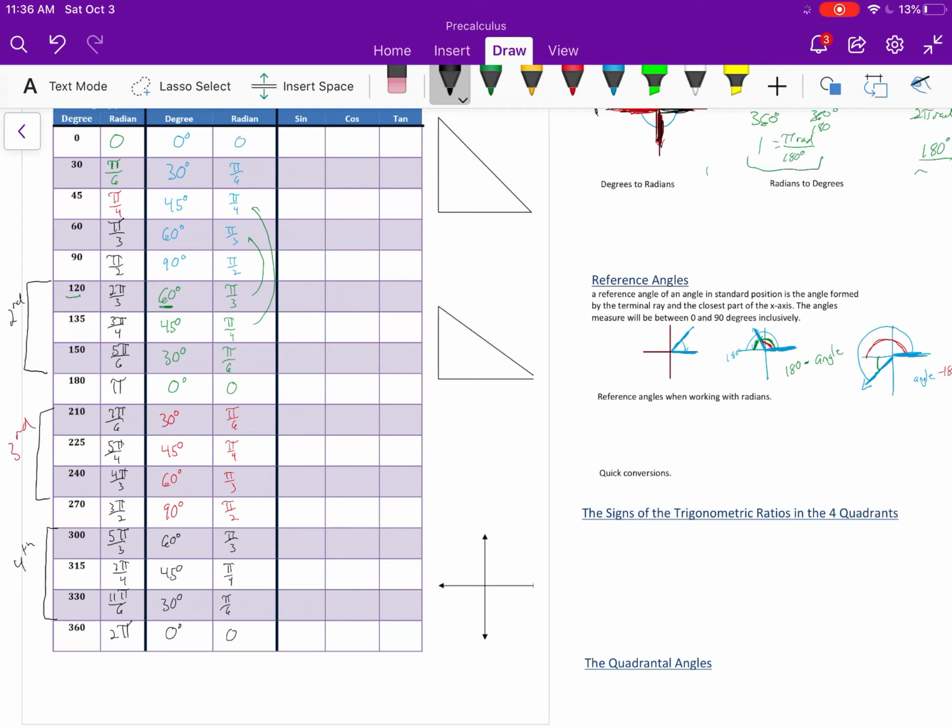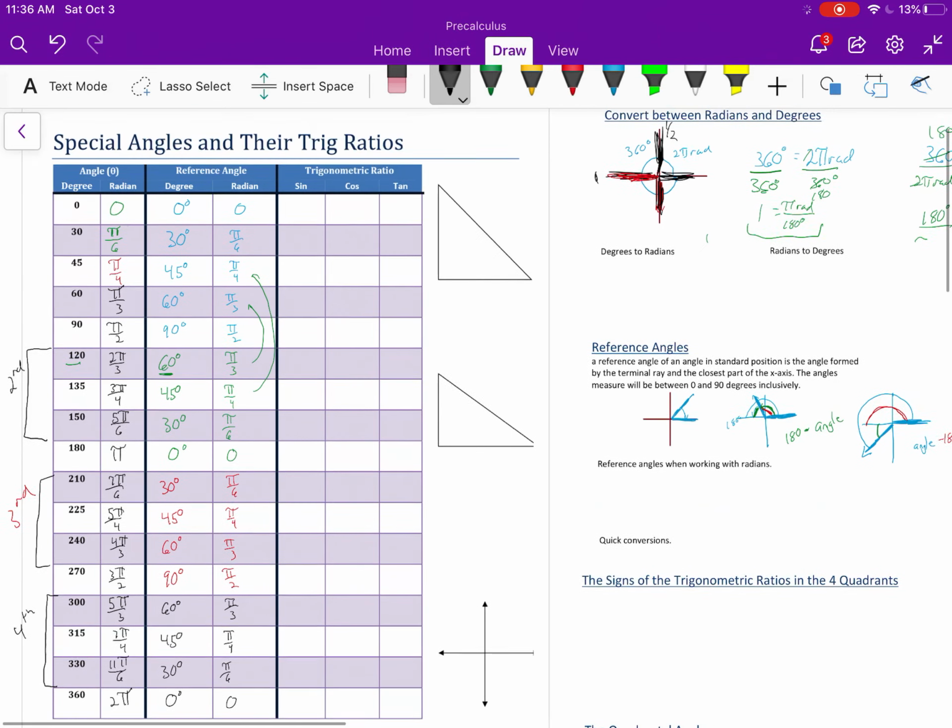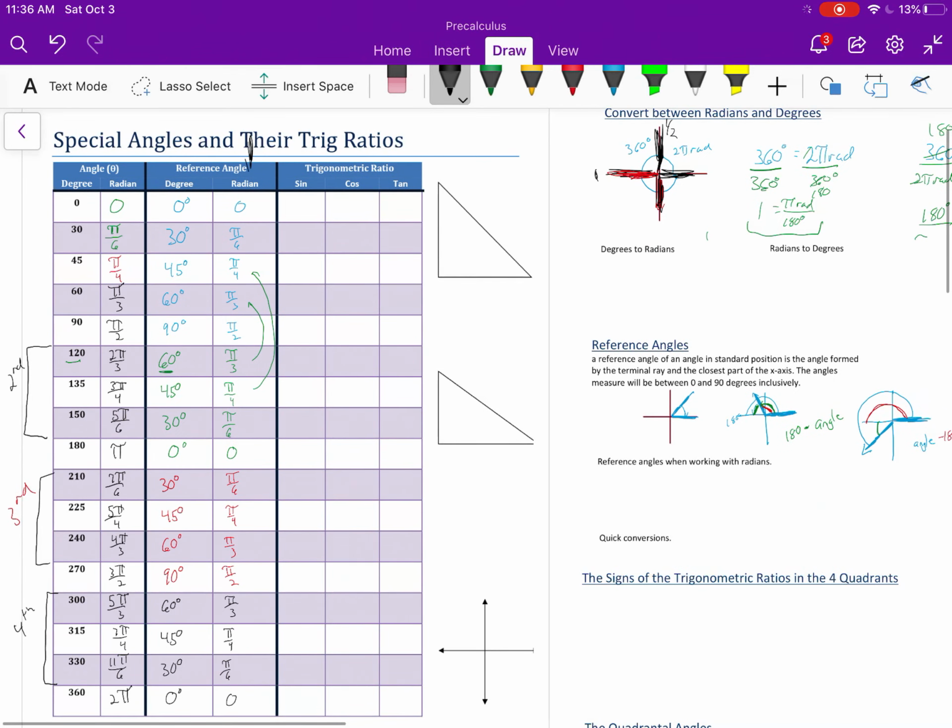And there are some nice things we can recognize here, reference angles when working with radians. Notice, if you look at this column compared to our original, as long as these are all reduced, the reference angle is simply pi over the same denominator.